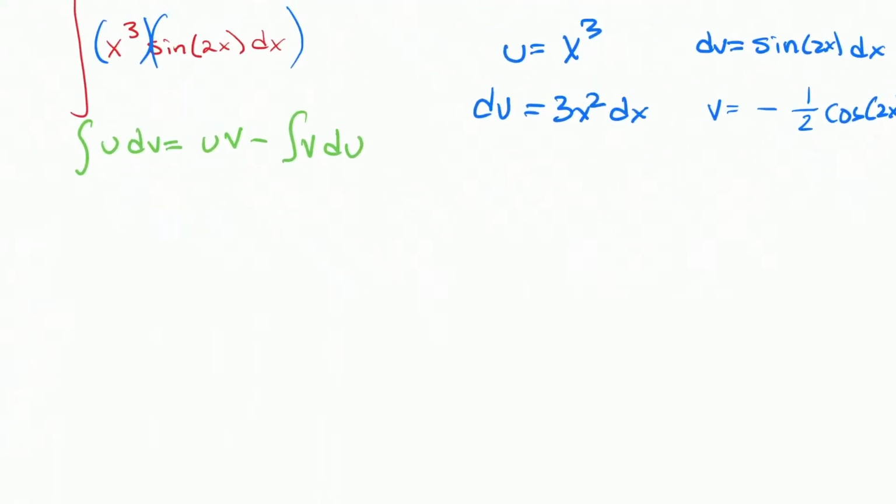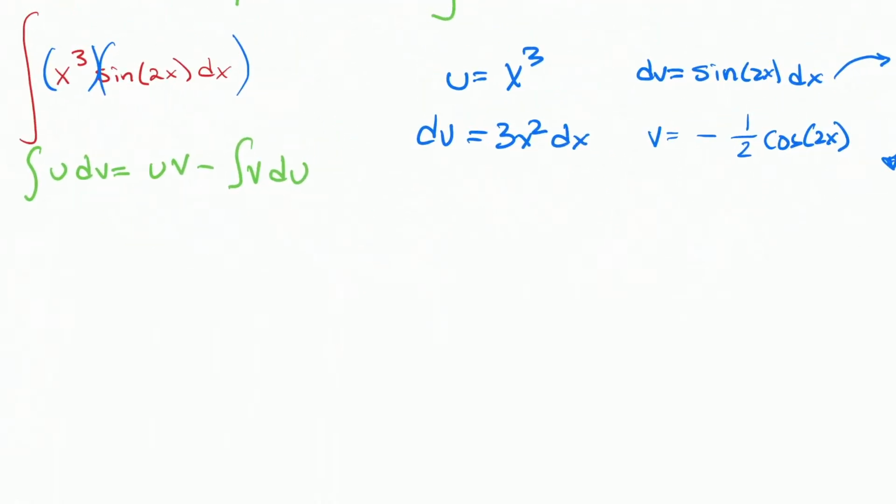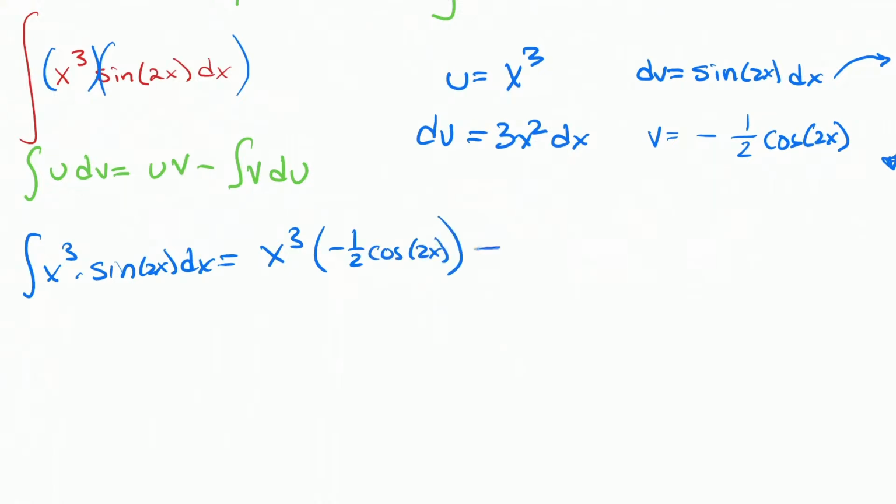Okay, so let me write this out. There's my substitution there on the right. So this is the integral of u times dv. And this checks out. You might get to the point where you don't want to write all that out. I can understand that. I don't want to either. It is u times v minus, notice I'm just following the instructions up here, the integral of v times du.